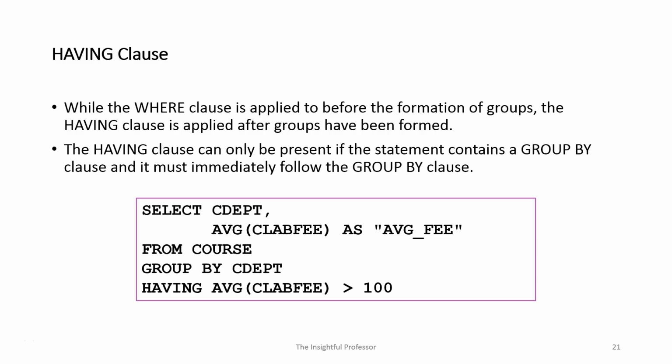So what we have is a special clause called having. Having is somewhat similar in behavior to the where clause in that it does form a filtering process. However, it filters at a different level of detail and it filters at a different point in time.